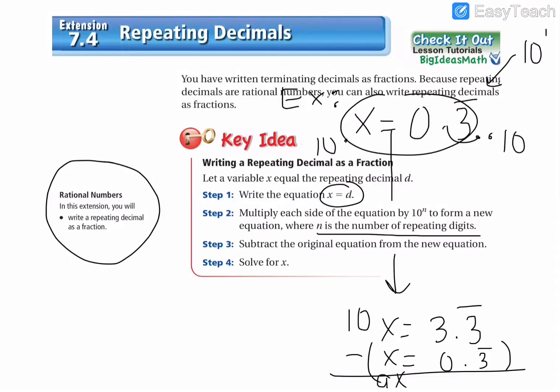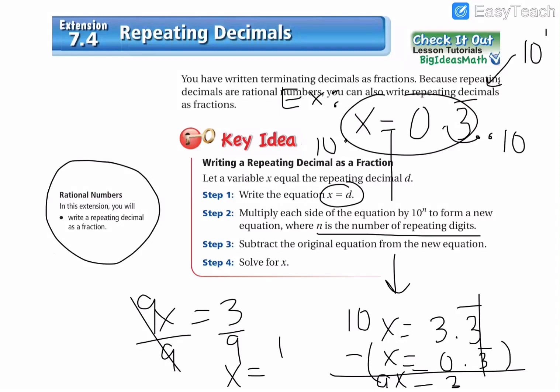Step 4, solving for x: 9x equals 3 minus 3 is 0, so that cancels out, and 3 minus 0 is 3. So 9x equals 3. Divide both sides by 9, and you get x equals 1/3. We all know that's the fraction for 3/10 repeating, but that's where it came from.